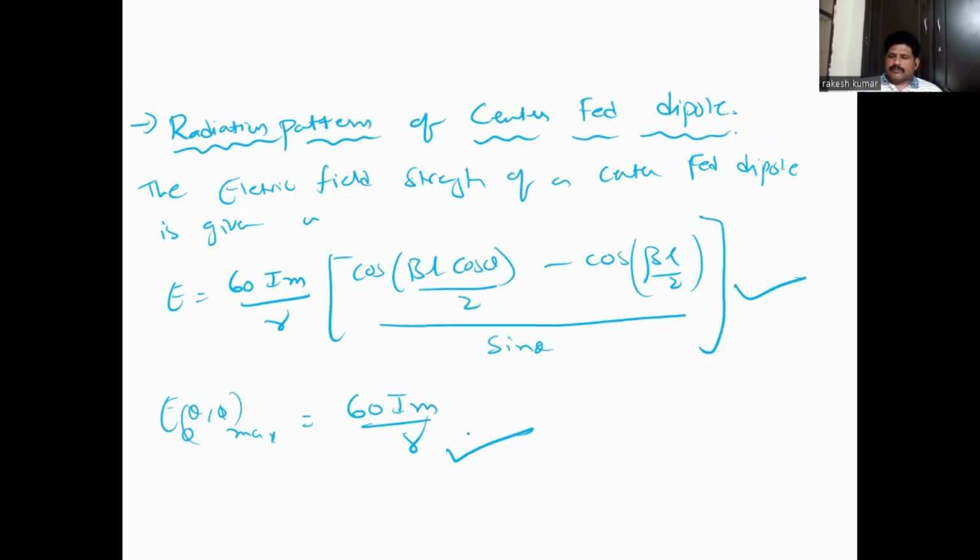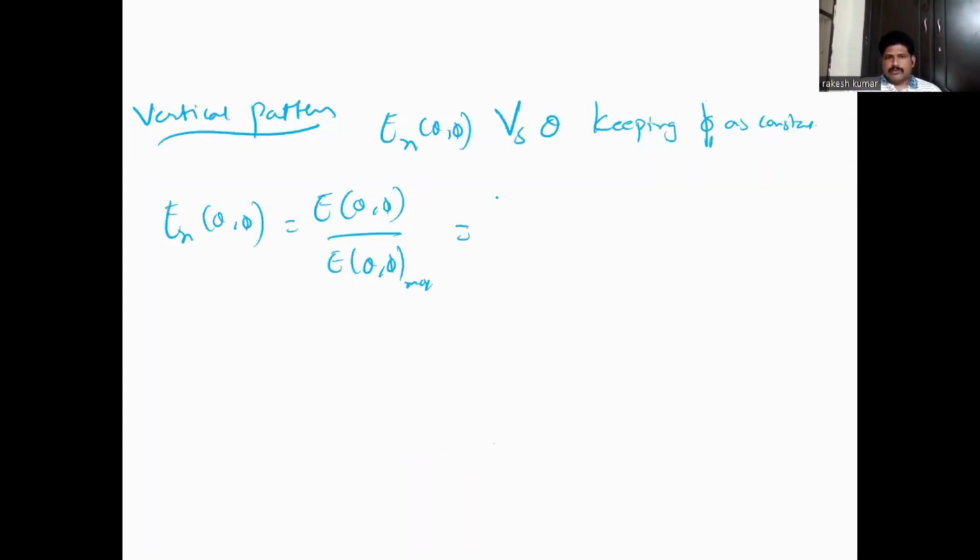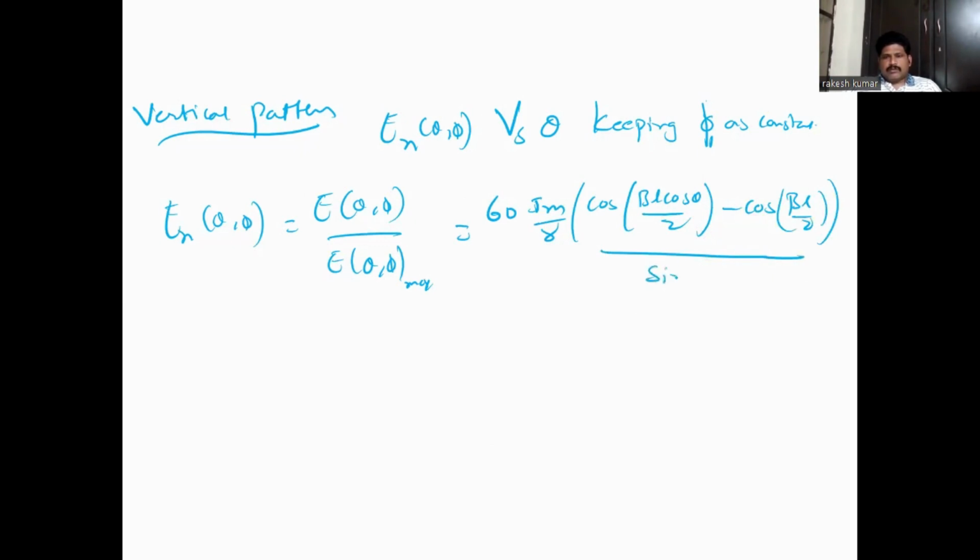It's the ratio of 60 Im by R into cos(theta L cos theta by 2) minus cos(theta L by 2), by sin theta, divided by the maximum value, 60 Im by R. So this one and this one get cancelled.